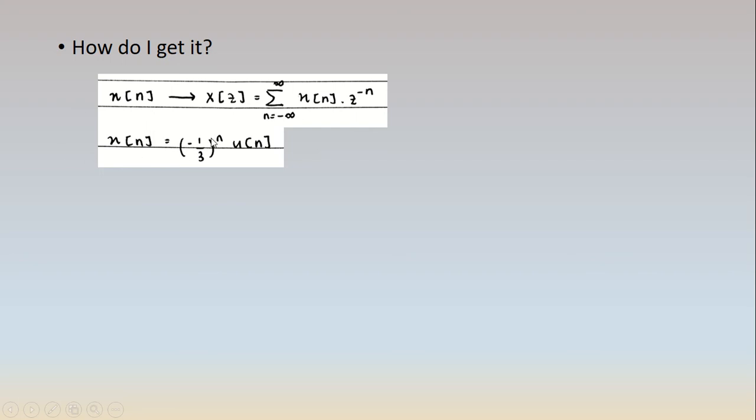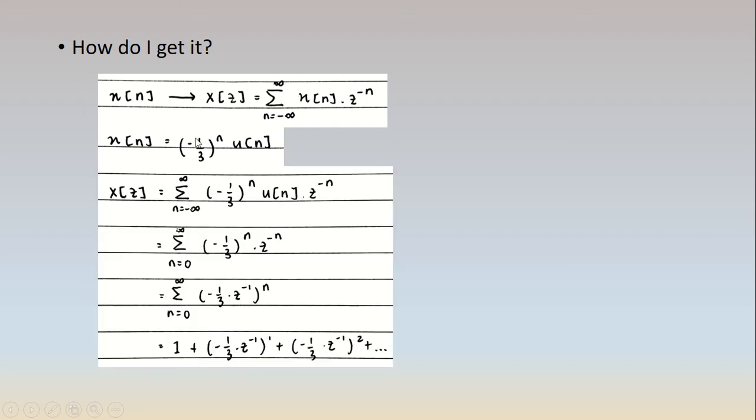From the equation, we know that x[n] = (-1/3)^n u[n]. So we just substitute this x[n] into the equation. We will get X(z) equal to the summation from n = -infinity to infinity of (-1/3)^n u[n] z^-n.